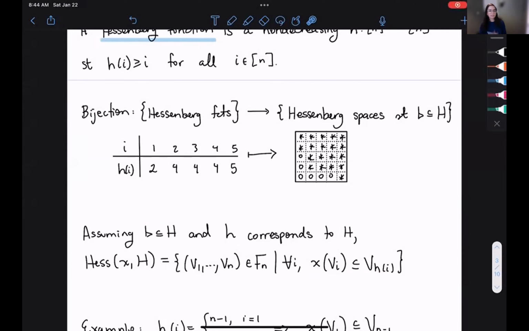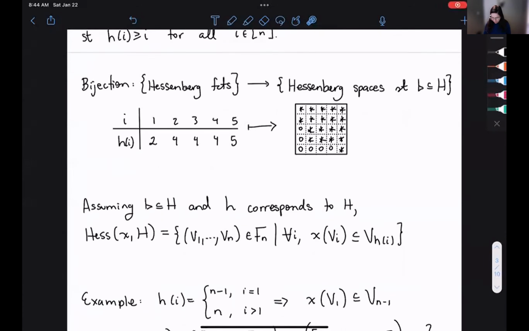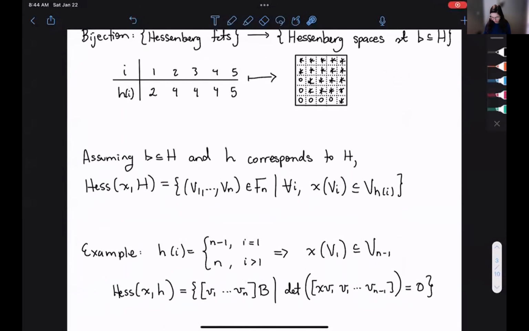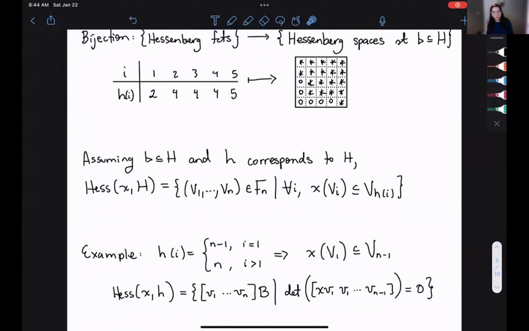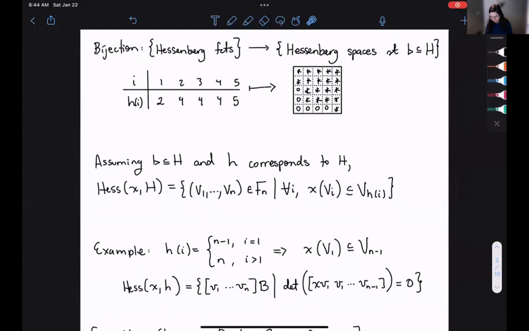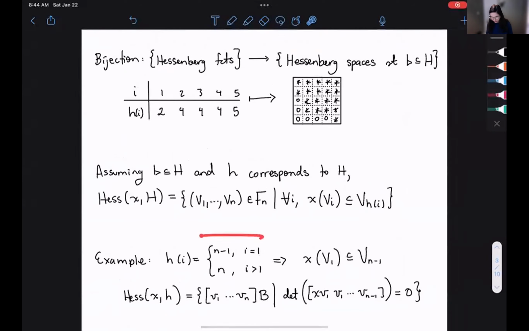This is a different description, and I find it easier to construct examples from this one. But the downside is you do need this condition. So we can do an example. Let's suppose we have this Hessenberg function. This Hessenberg function is almost constant.